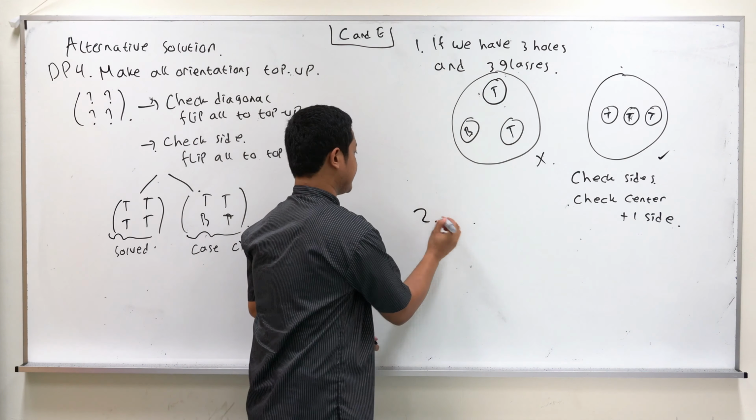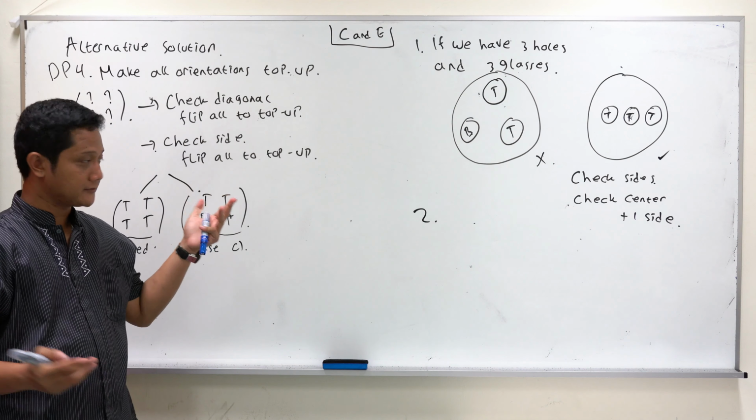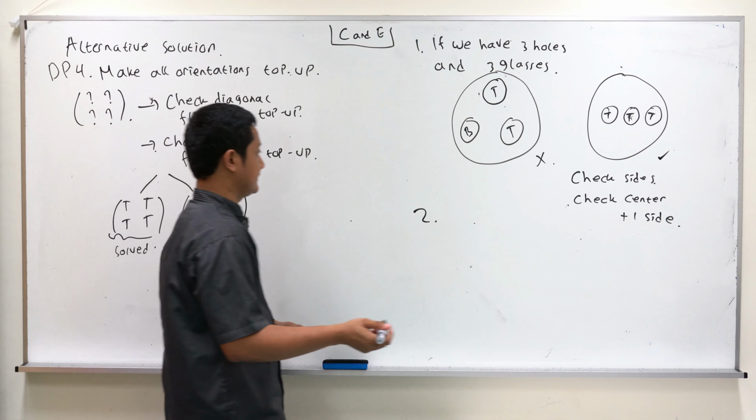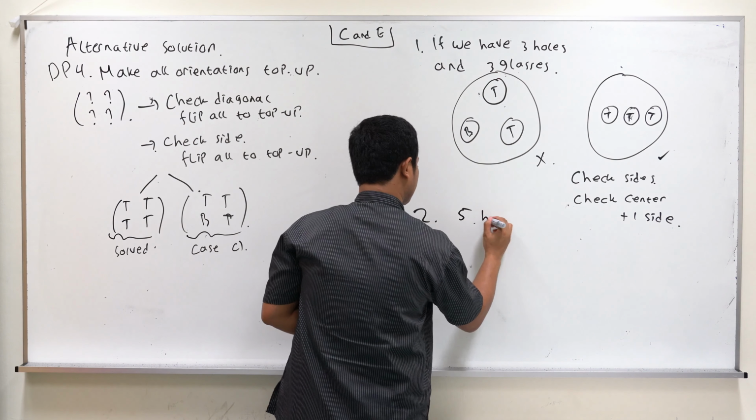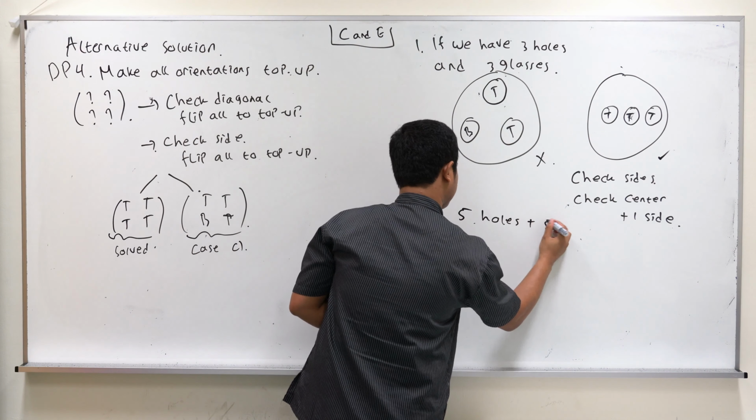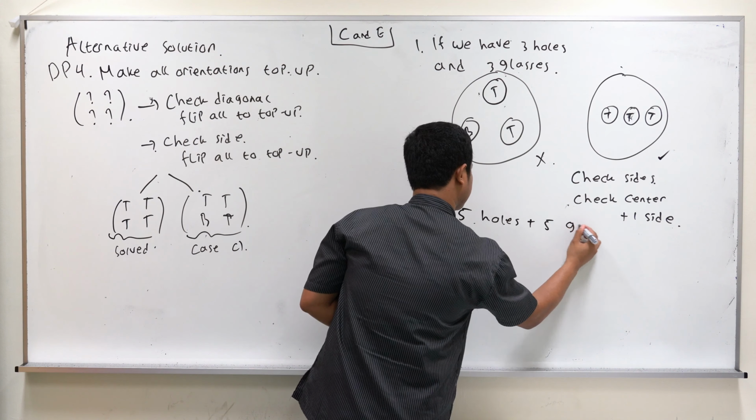What's the second extension? From 4 becomes 5. Is it possible? What happens if we have 5 holes plus 5 glasses?